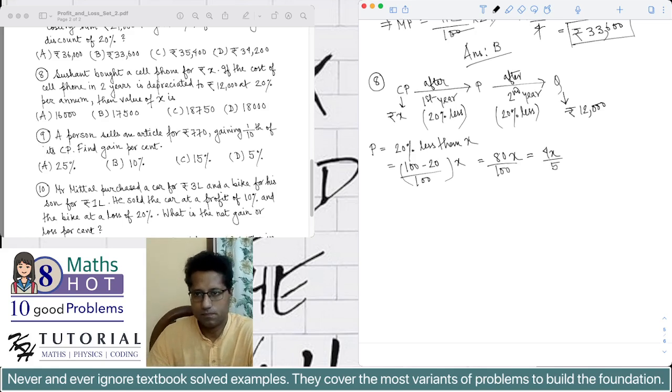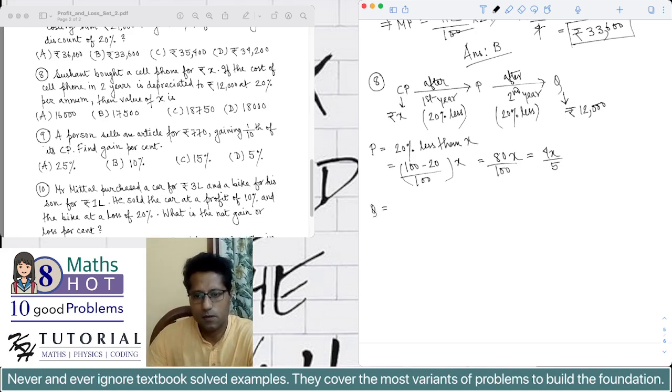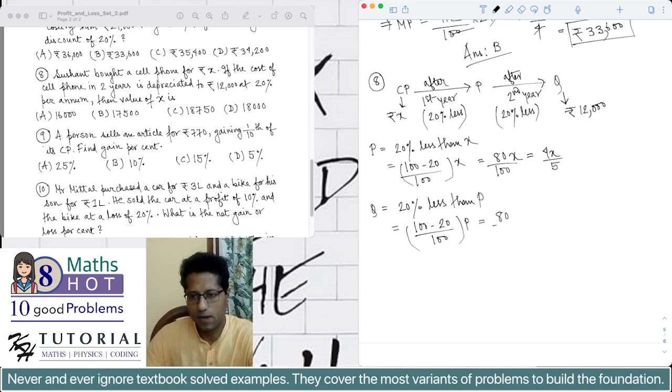Okay. Now what will be Q? Q will be, again, the price P will decrease by 20% at the end of the second year to give the price Q. So Q will be 20% less than P. 20% less than P means 100 minus 20 divided by 100 multiplied by P. This is equal to 80 by 100 P, which is equal to 4 by 5 P. What is P?